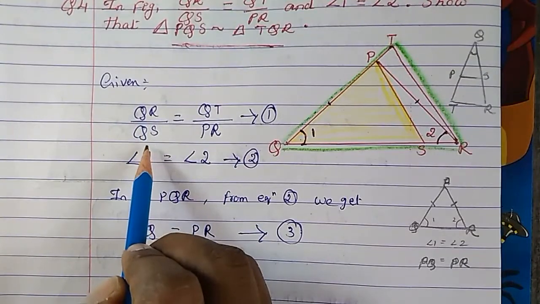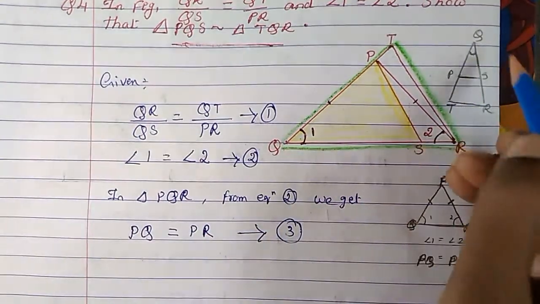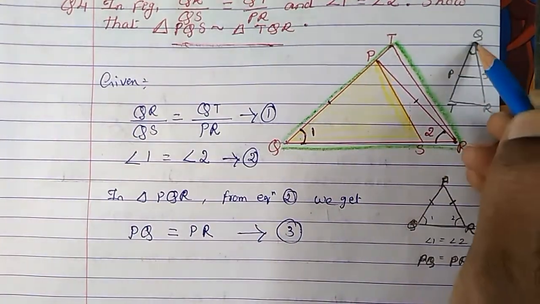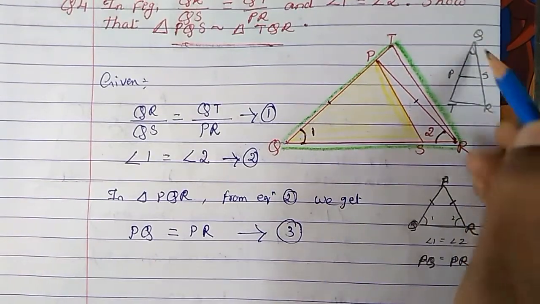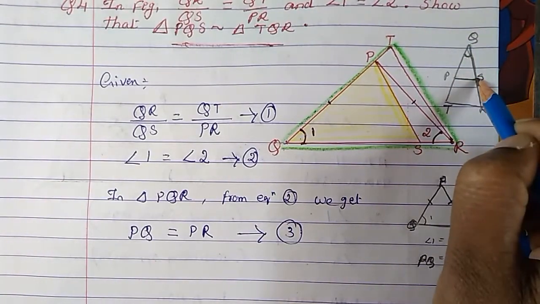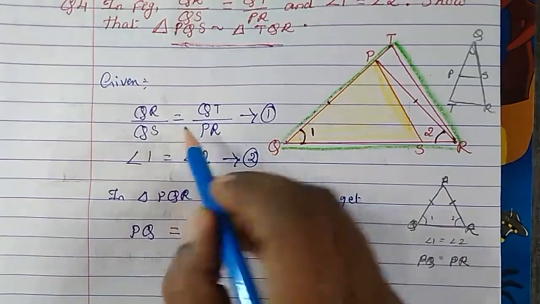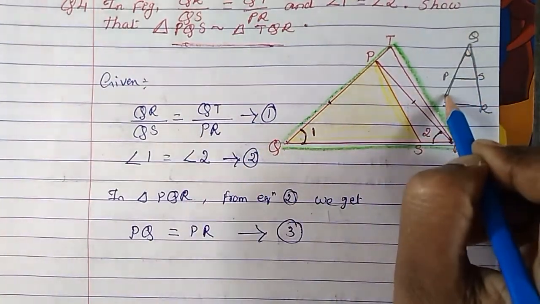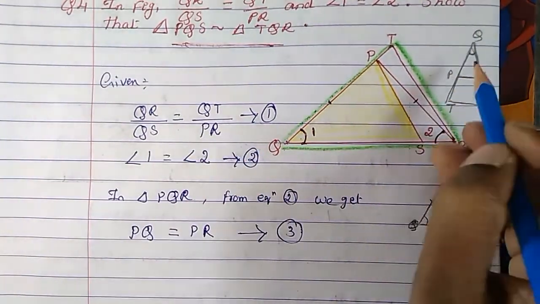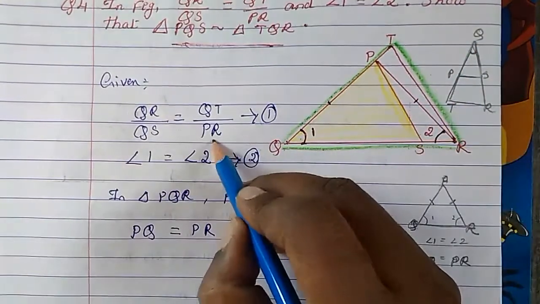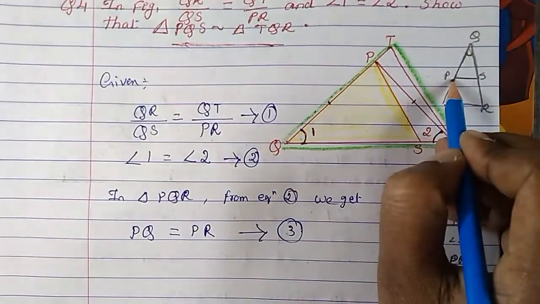QR upon QS. QR is the big triangle side, QR upon QS, the small triangle side, is equal to QT, that is the big triangle side, upon PR. So PR is what we don't have.